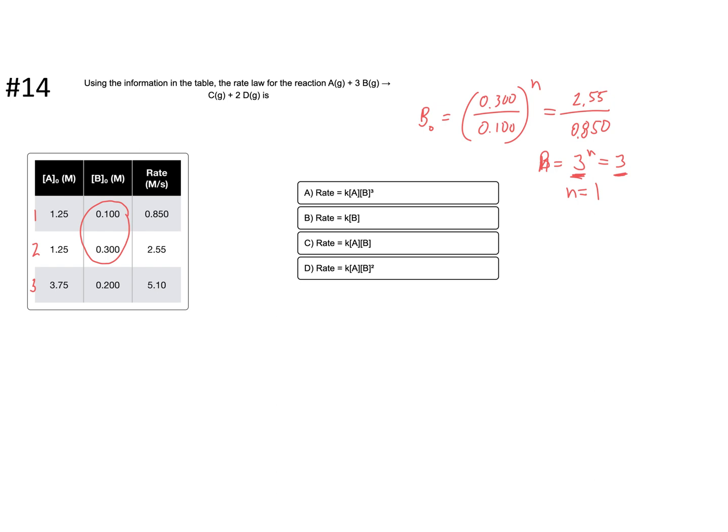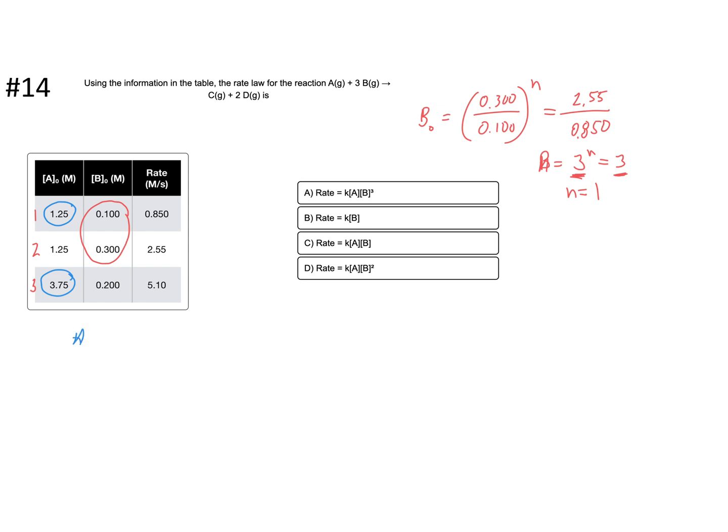So we can use that to find out what the rate would be if we were to change the concentration of B. And we need that now to help us find the order of a reaction with respect to A. So for A, we want to use experiment 1 and experiment 3, but we have to do some changing first.